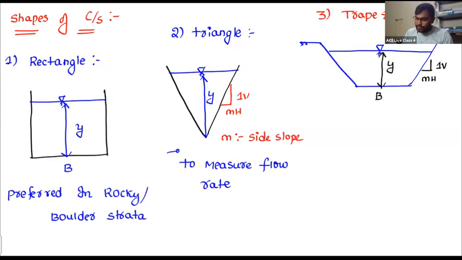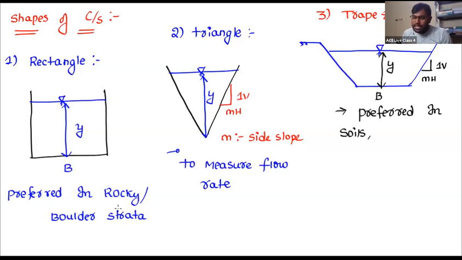So where do we prefer this trapezoidal channel, sir? We prefer it in soils. And this side slope is not constant. It varies for different types of soil masses.